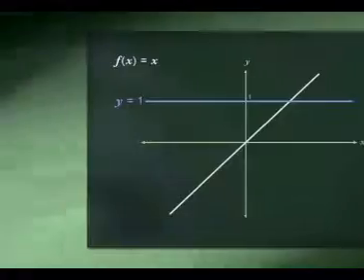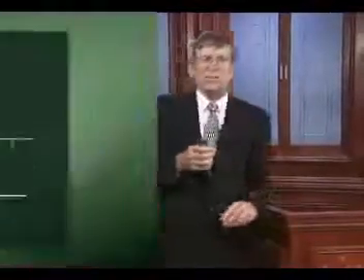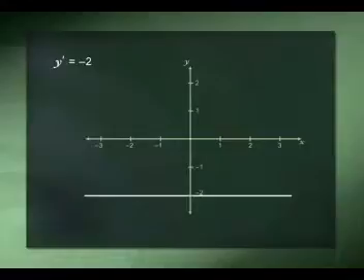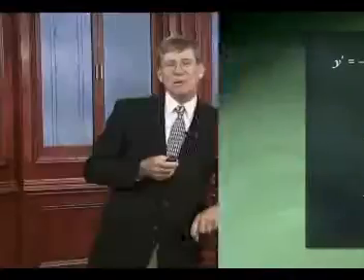Let's do it backwards problem. Now I'll give you the graph of the derivative. You come back to me with the original function. Suppose I said the derivative, this time I'll give you the specific value. Suppose the derivative is minus 2. So the derivative is minus 2, the horizontal line minus 2. What's the original function look like? Well, remember, the derivative is the slope, and it's always minus 2.